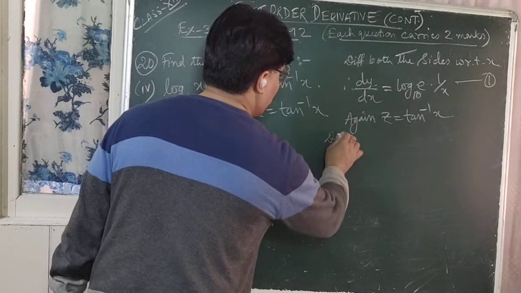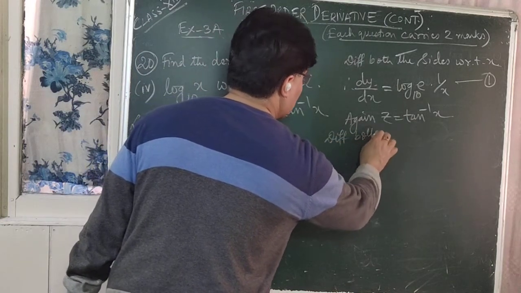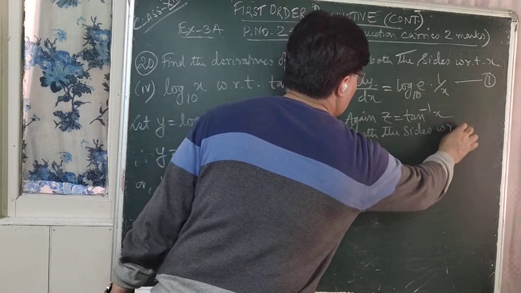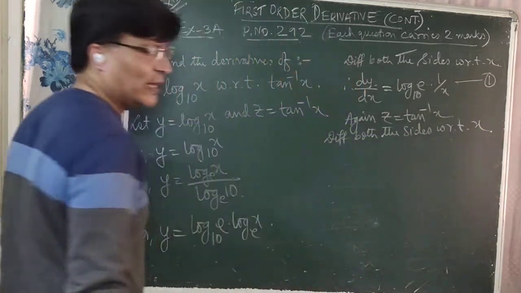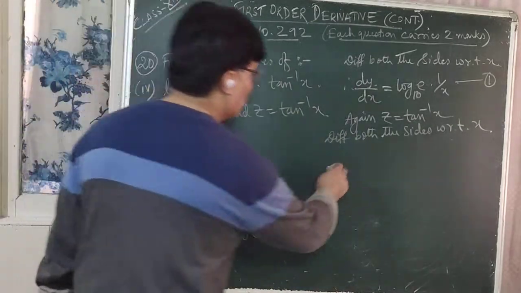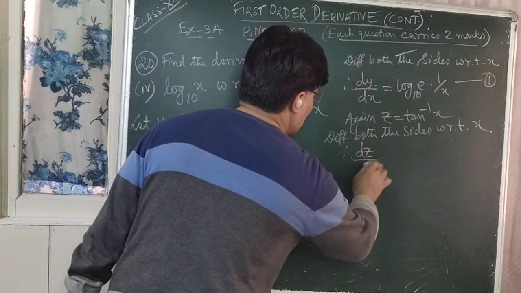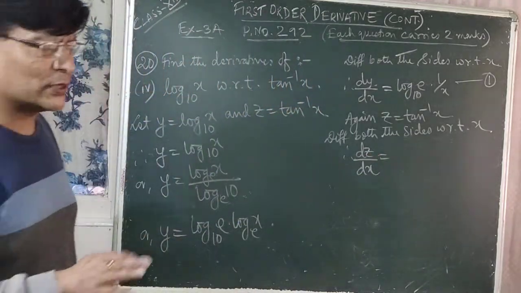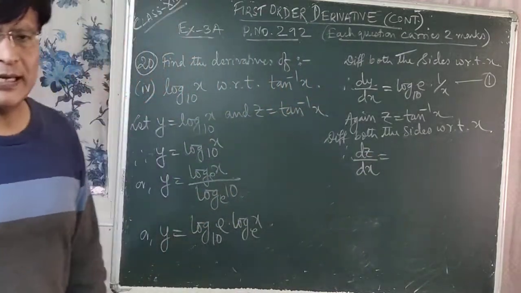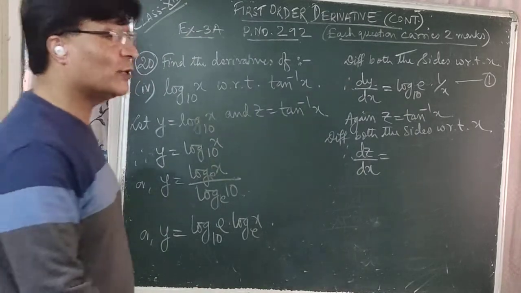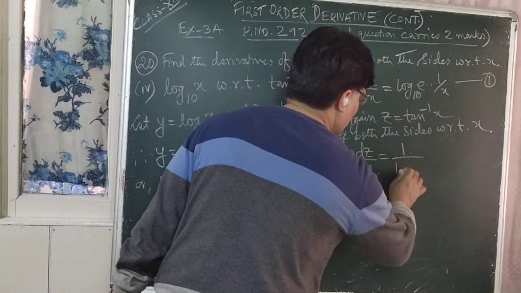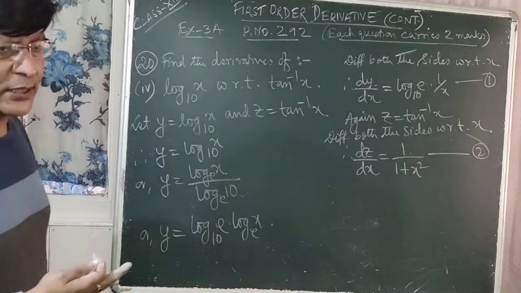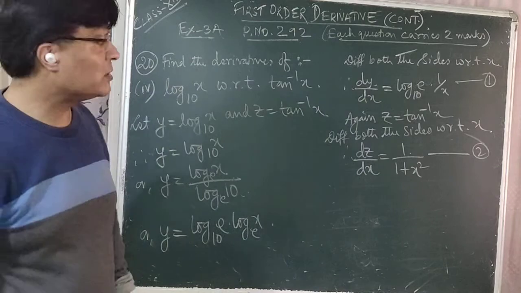So differentiating both the sides with respect to x, dz by dx is equal to, now no need of writing d by dx of tan inverse x, just write down the differentiation of tan inverse x with respect to x. So what is the formula? It is 1 upon 1 plus x square. That is, tan inverse x differentiation is 1 upon 1 plus x square.